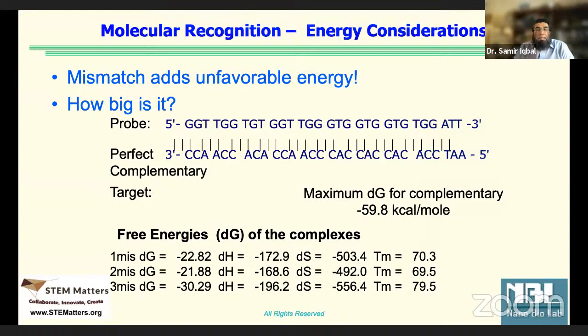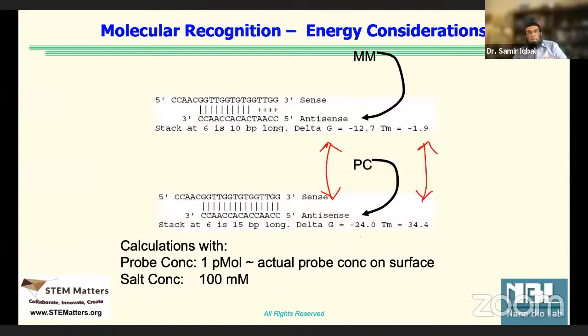But going from perfect complementary to mismatches, there is less contribution to the free energy. Since it's negative, the smaller number means that as we go up in mismatches, the value gets smaller.